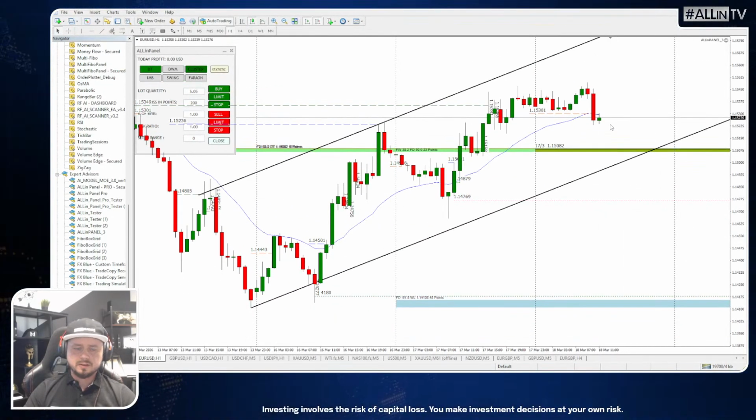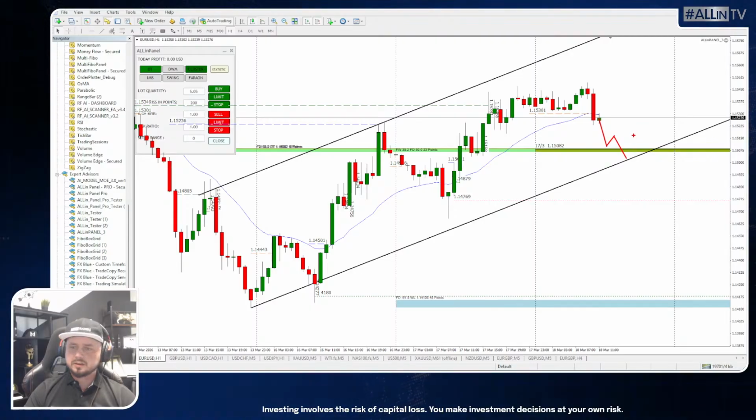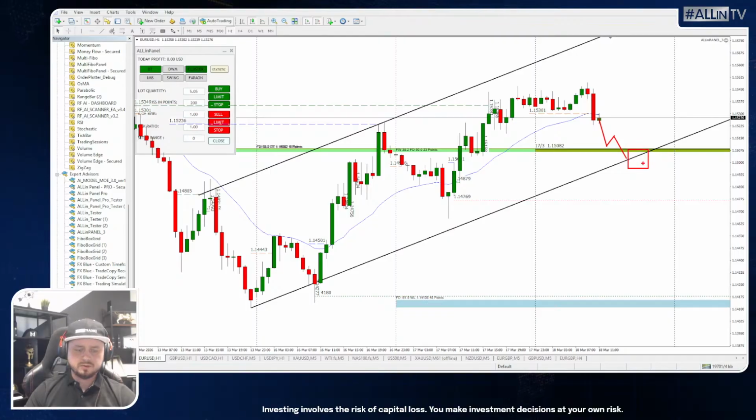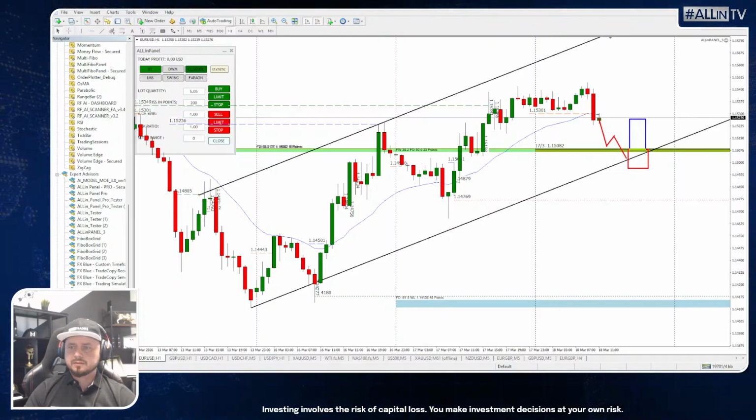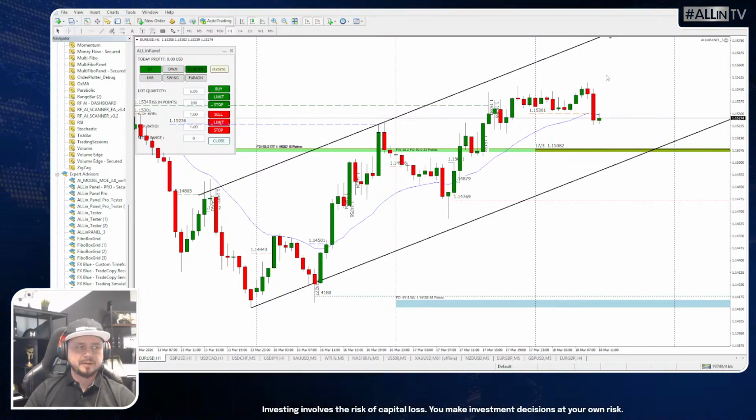Okay, if we get here, guys, and we have a reaction right here, we can get more from this trade, because we've got 1-to-1 risk to reward at this moment. But if we bounce from the bottom edge of the rotation channel, I think I'm going to move the take profit higher.